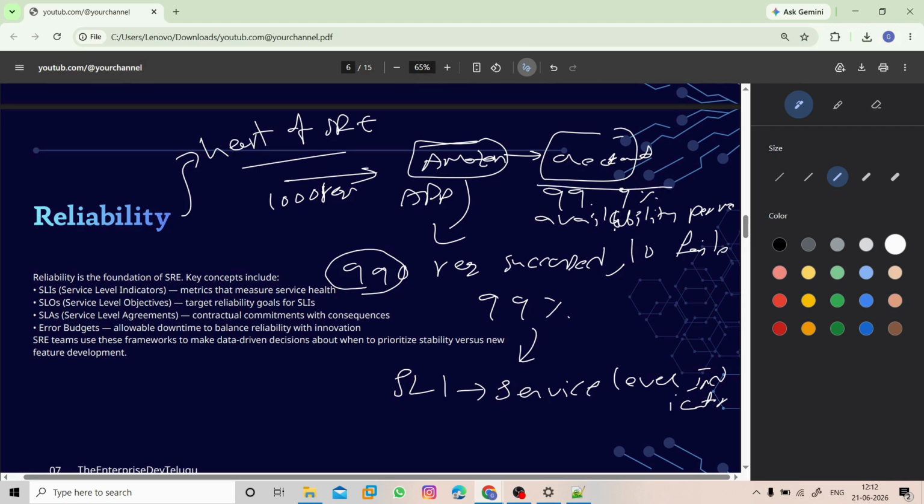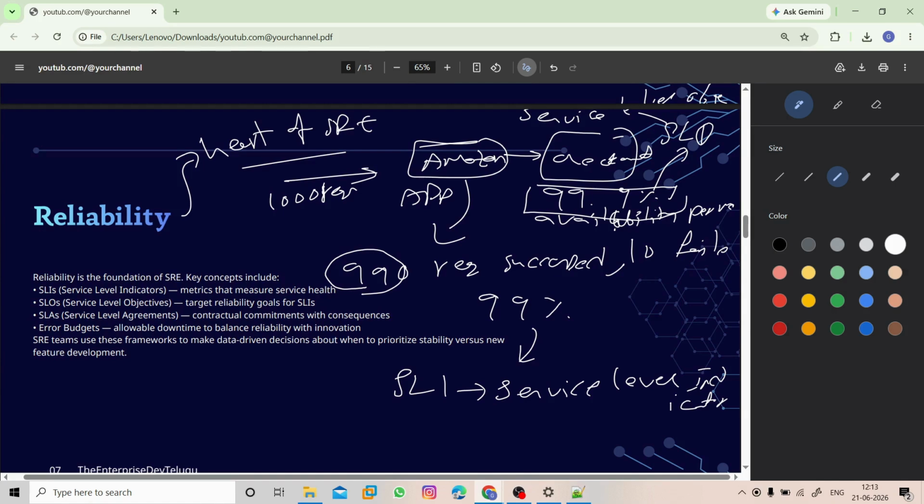This is the target, right? It should be 99.9% availability per month. This is a target, SLO. This means service level objective. So we have a target, and we need to achieve that. That is SLO.